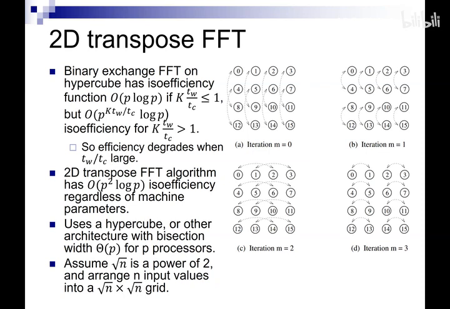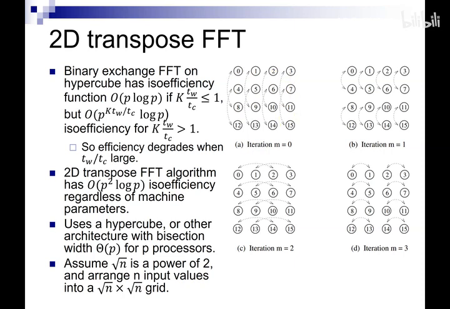The way the algorithm is going to work is this. Initially, for example, if you have 16 values, we know that in the first stage you need to do exchanges between values which are 8 apart, so 0 and 8, then 1 and 9, and so on. You see that if you arrange the values on this grid, you're only doing communication among the columns.